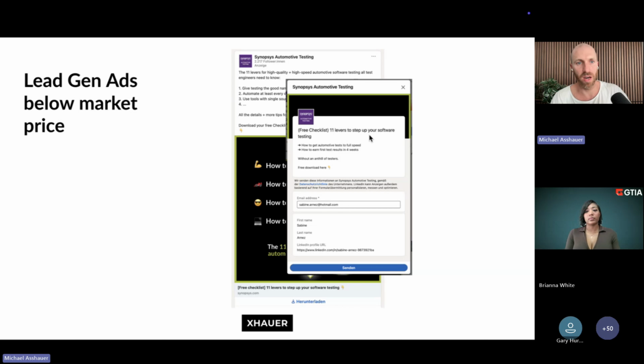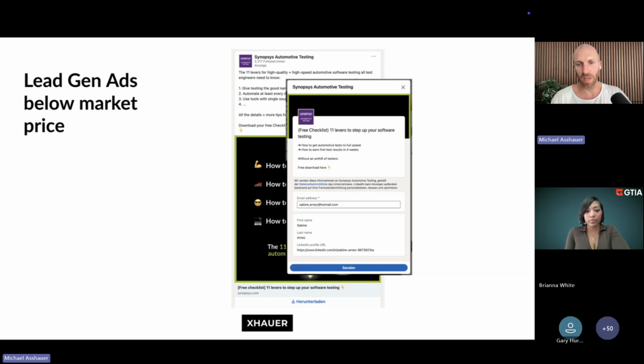The target group here are the software and IT engineers, and you have your email address, first name, last name here, and what you see here is the LinkedIn profile URL. You can set this up in the LinkedIn ads account. You need to do that manually.